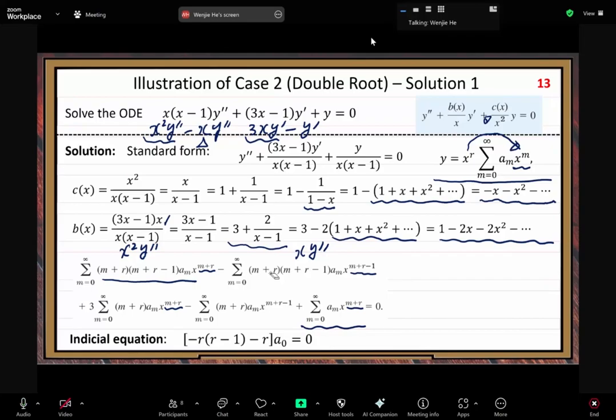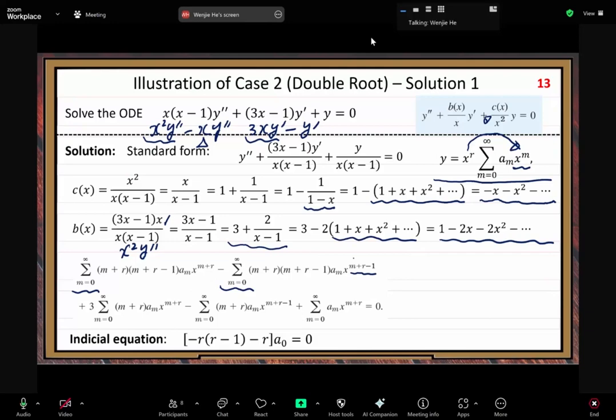Let's look at the starting point of each summation, starting from 0. Although starting from 0, let's consider what is the lowest term.